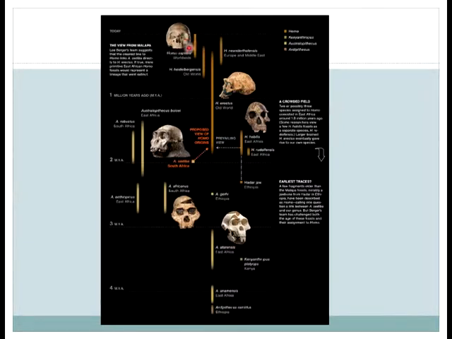We don't find any modern human skulls anywhere prior to this point in time. We don't find them back here with afarensis. We don't find them here with africanus. We don't find them here with Homo habilis or Homo erectus, okay, which is exactly what we would expect with evolution. We shouldn't find these fossils together because they evolved from each other.